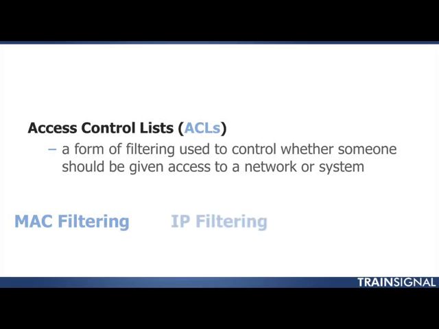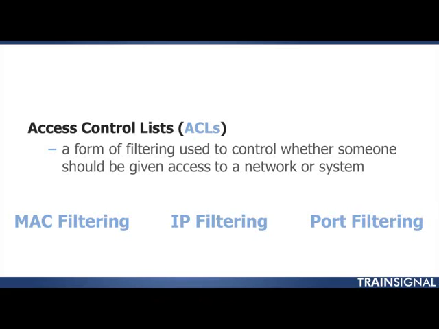We have IP filtering based upon whether you're coming in on the right IP address, coming in from the right network. And then we also have port filtering. Are you coming in via the correct port? When we want to talk about firewalls and coming in through certain ports.